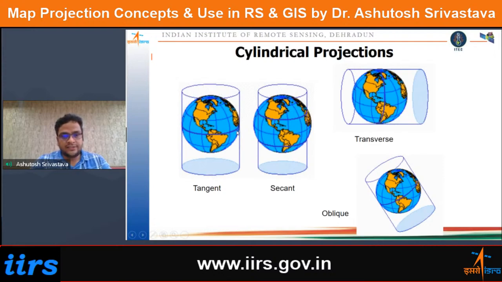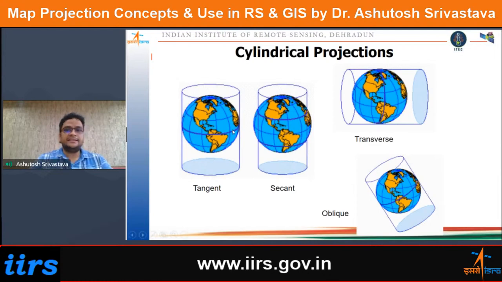A cylinder was there, and it may be just touching the wall of this cylinder. And when it is a tangent case, only one line, the equator or any other meridian, latitude, longitude, or parallel, will be touching at one place.